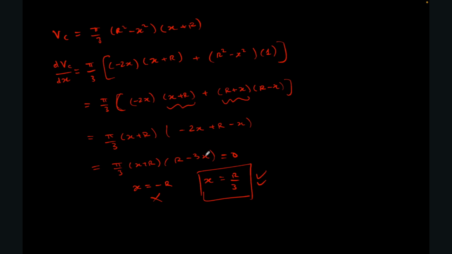I'll take this expression and plug in R/3 wherever x is there. Let me go to the next slide. I'm going to have V_C max. V_C max is going to be π/3 (R² − (R/3)²) times x, well, that's just R/3 + R.